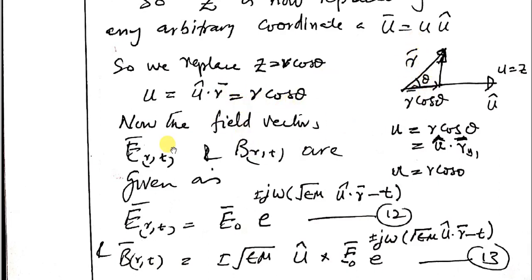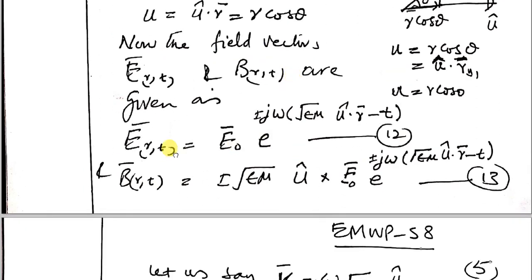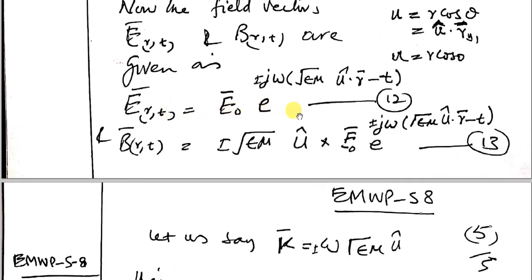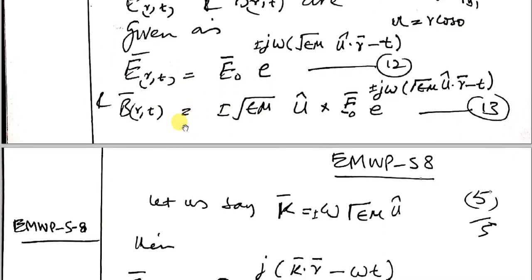Now the field vectors are expressed as follows: the E field is E naught times the whole function of (u dot r minus t), and similarly the B field is plus or minus square root of epsilon mu, u cross E naught, with the whole function as we wrote previously.